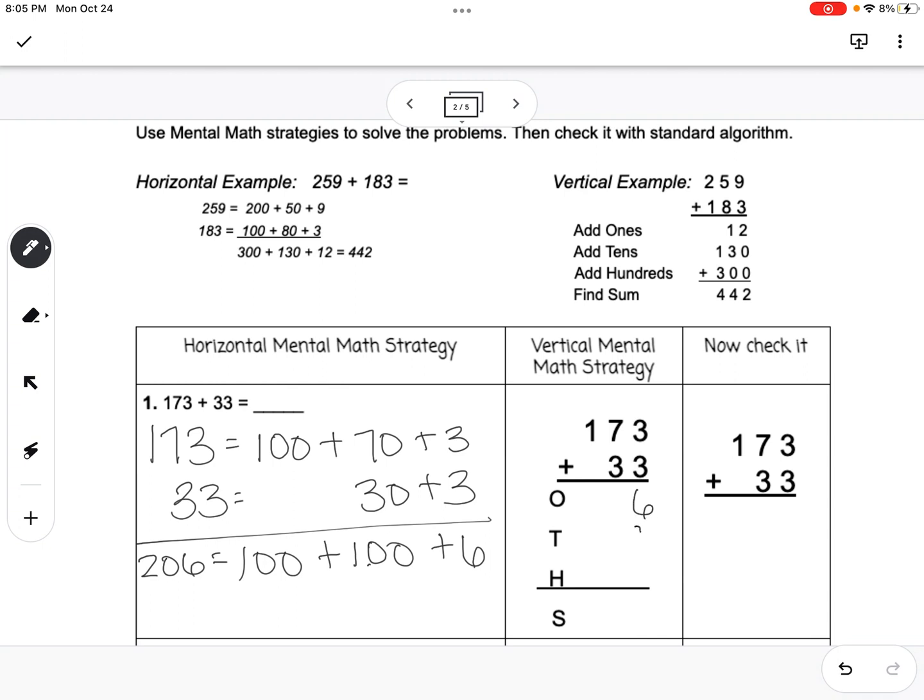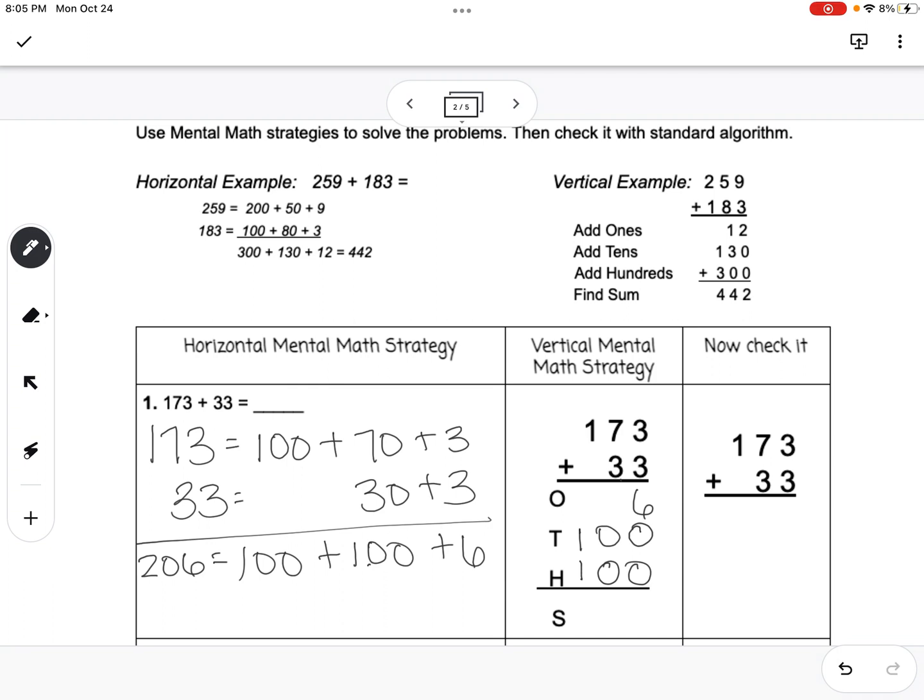Now if we're adding just tens, there are not going to be any ones. So 7 tens plus 3 tens is going to equal 10 tens, which is the number 100. And then adding just our hundreds, we'll not have any tens or ones. So I have 100 and then nothing that I'm adding it to. So that's just the sum of 100.